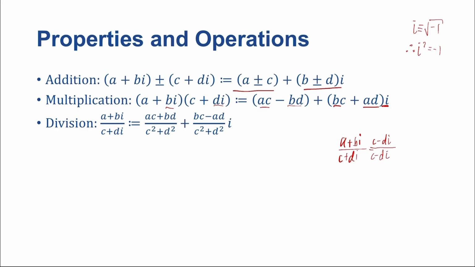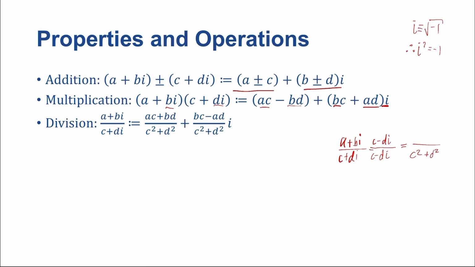Obviously, this should be fairly trivial in the bottom because I've got c squared. Then the cross terms should cancel: c times di minus c times di, those cancel. Then I've got di times negative di, i times i is -1, so I've got a negative times a negative, so that's just plus d squared. And then we can deal with the top bit too.